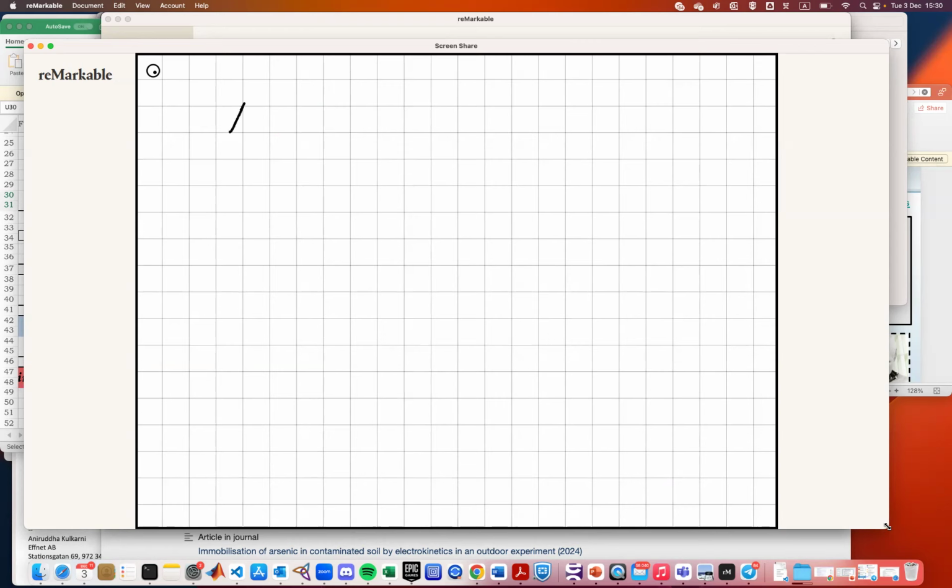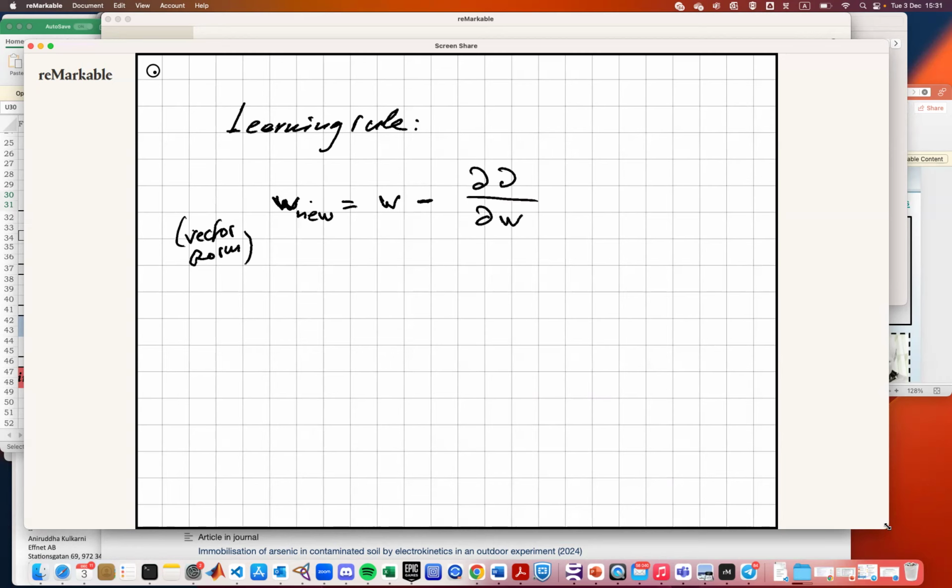So learning rule: we want to compute new weights, which is the current weight minus the derivative.